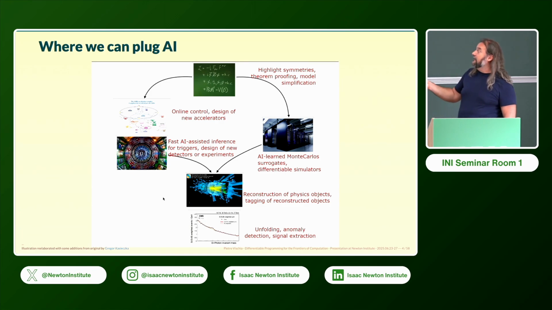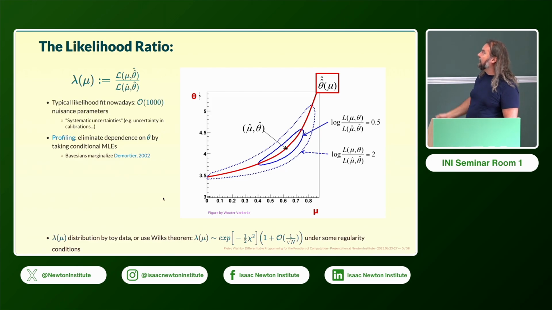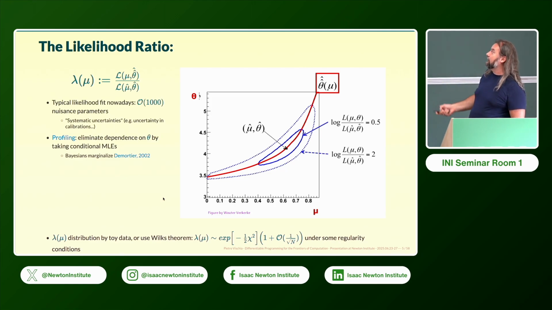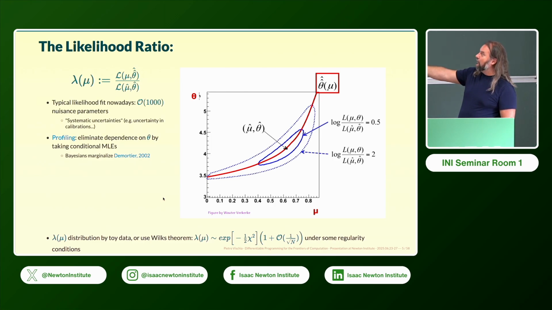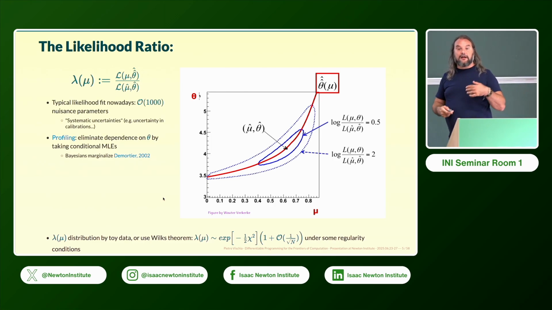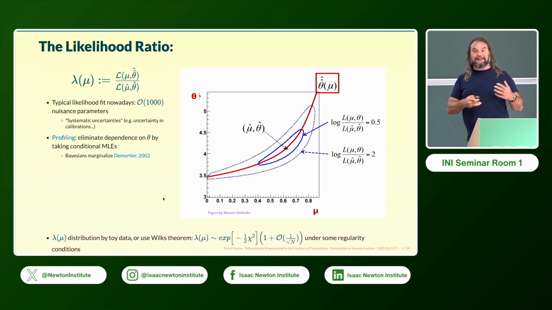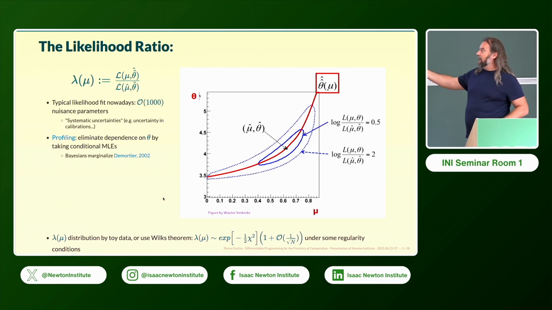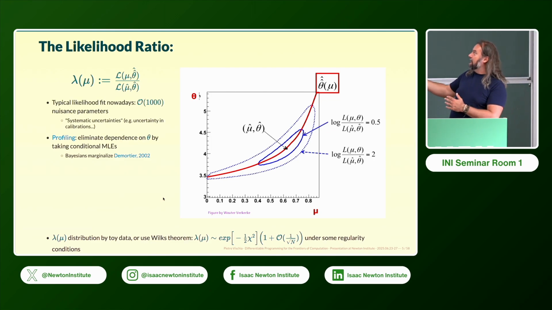Nowadays we can plug AI basically everywhere across this chain. The typical inference we do is based on likelihood ratios. And one thing that maybe is not so common in statistics is that we typically have on the order of 1,000 nuisance parameters, meaning we have about 1,000 calibration measurements that we need to plug into the likelihood, and we need to profile or marginalize to get the results on the quantities of interest that we are fitting.